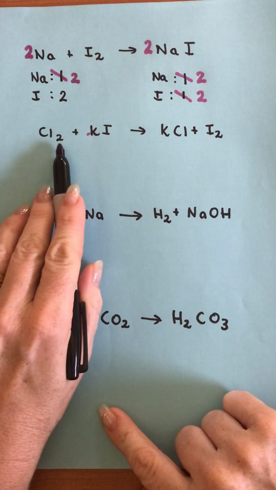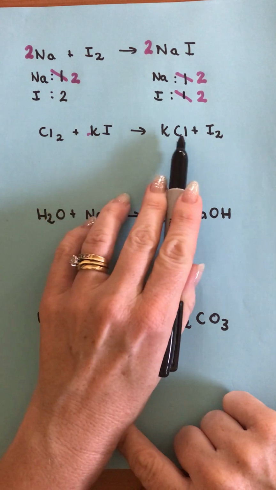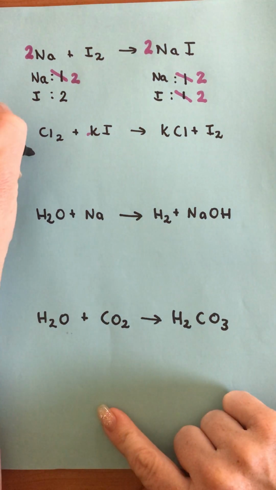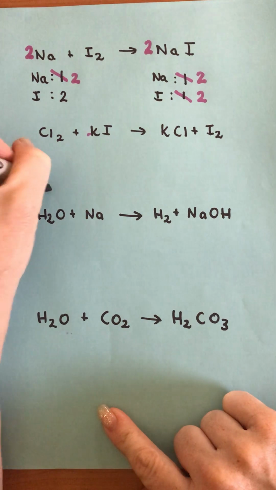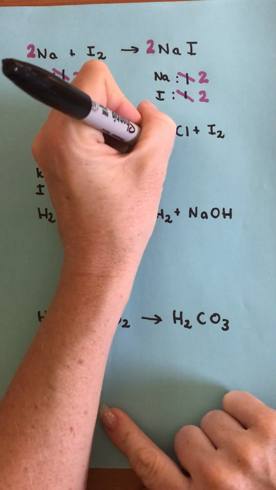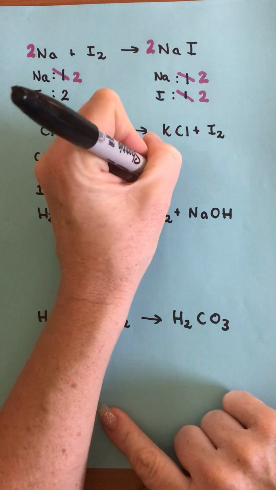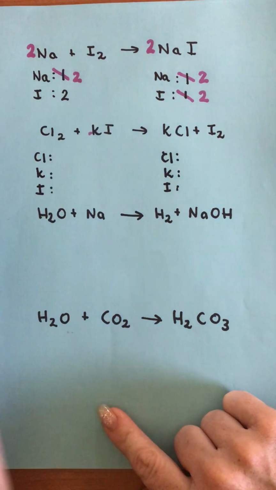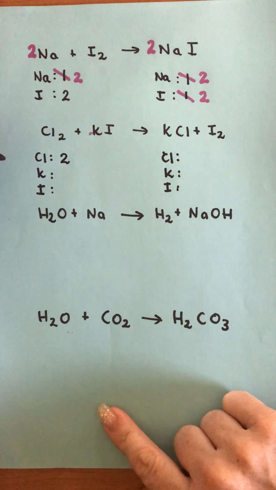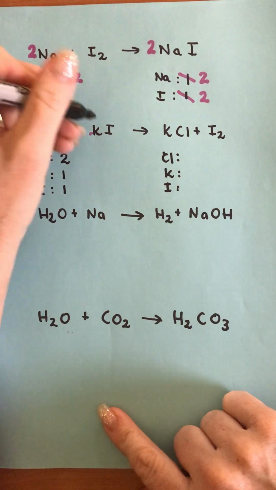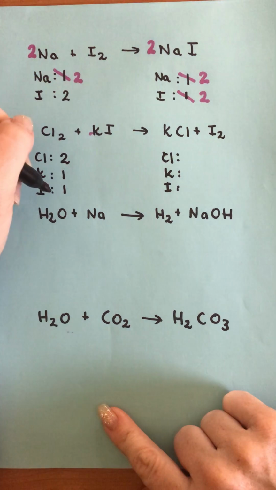Here we've got Cl2 plus KI goes to KCl plus I2. So my atoms are chlorine, potassium, and iodine. So I've got 2 chlorine atoms there, and I've got 1 potassium atom and 1 iodine atom.